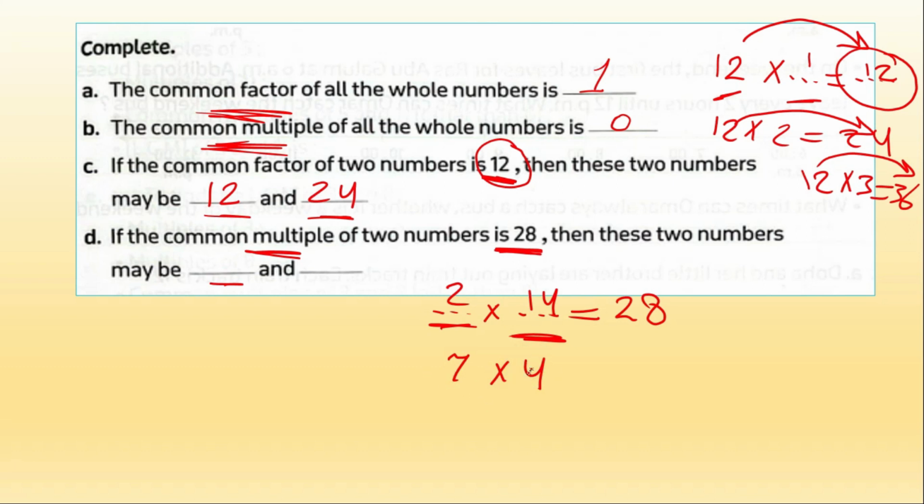Any numbers whose product, or answer, is 28. So we can write 2 and 14, or 7 and 4. Got it?